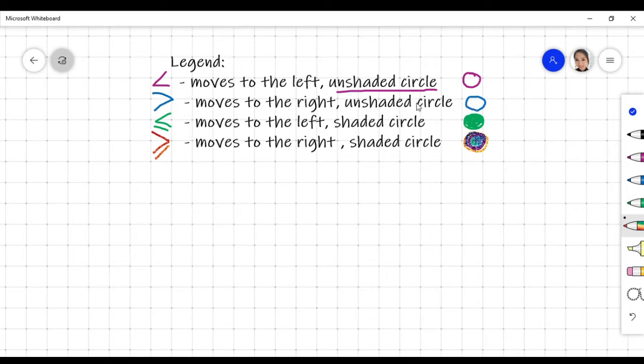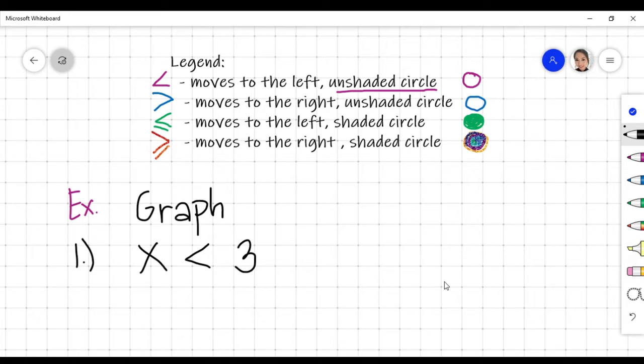That's why it's unshaded. For less than or equal to, it moves to the left, and this time we use the shaded circle, meaning the number pointed to by this circle is included. And for greater than or equal to, it moves to the right and it is a shaded circle.